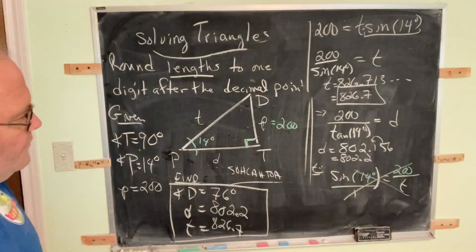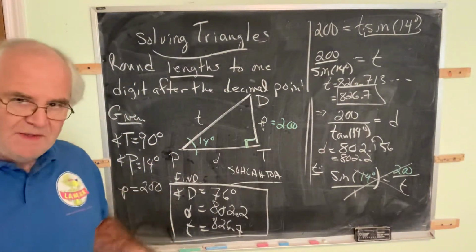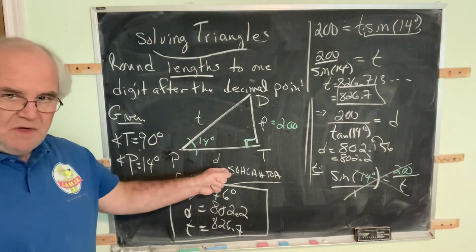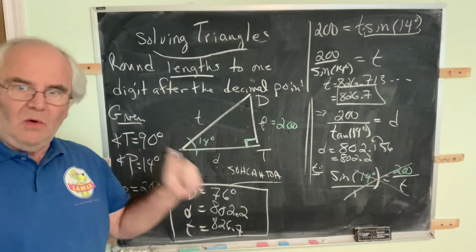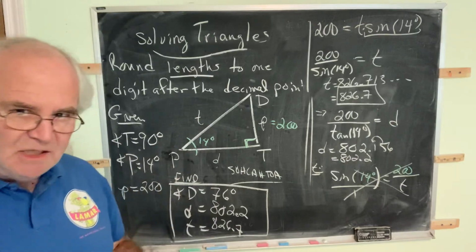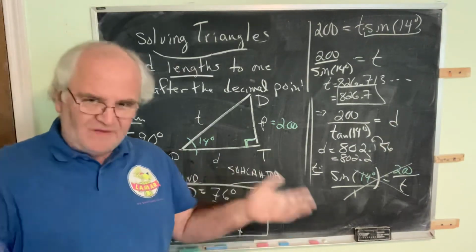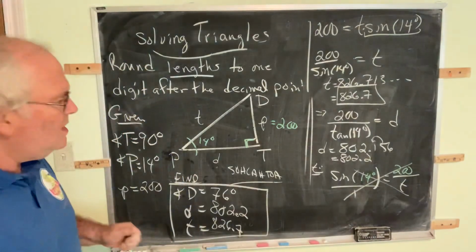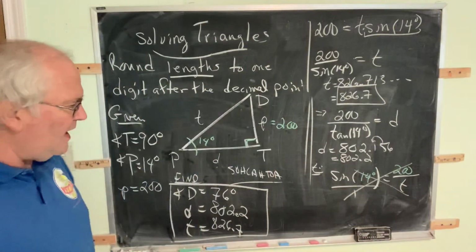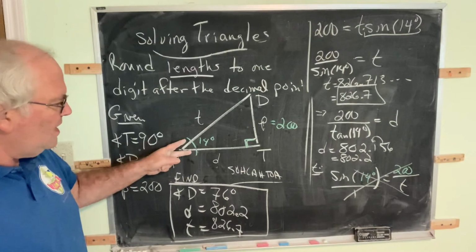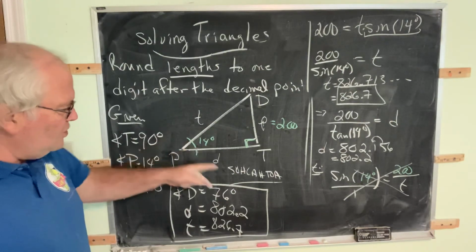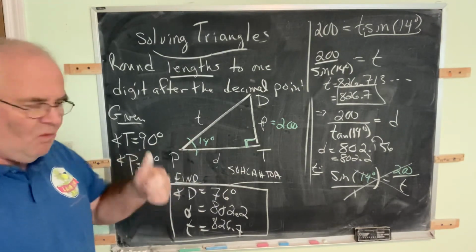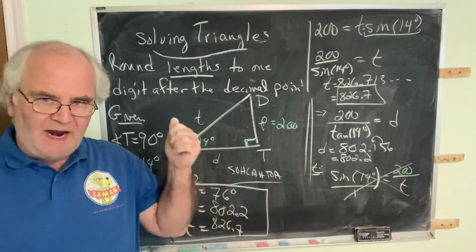All right? I think if you keep your wits about you, know SOHCAHTOA, only use given information, if possible. Sometimes it's not possible, then that's fine. But if it's possible, you should only use given information. Don't use rounded information to find things. And then you choose the appropriate function based upon what side is desired and what side is given.